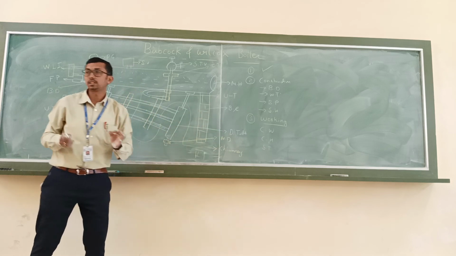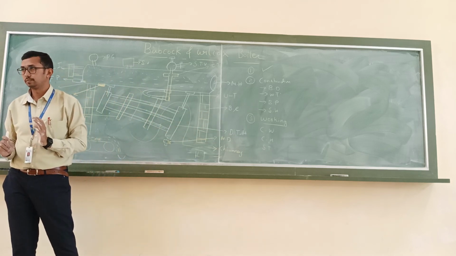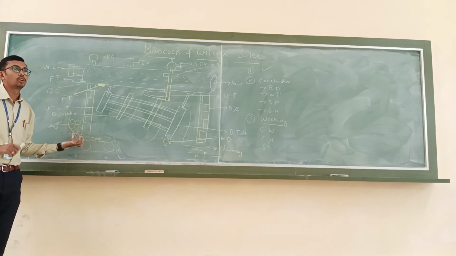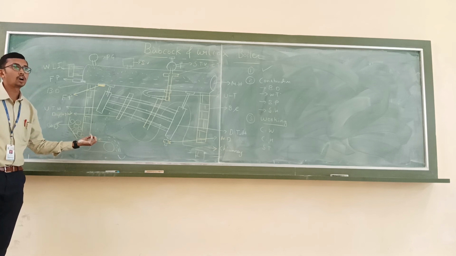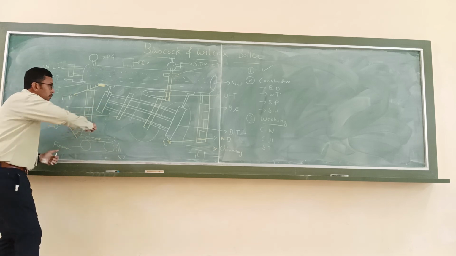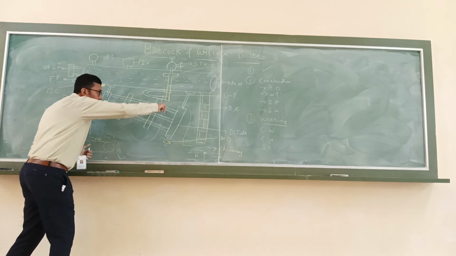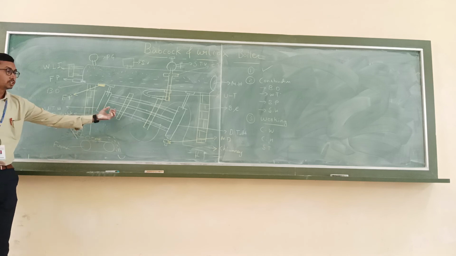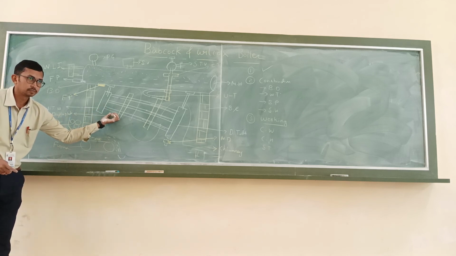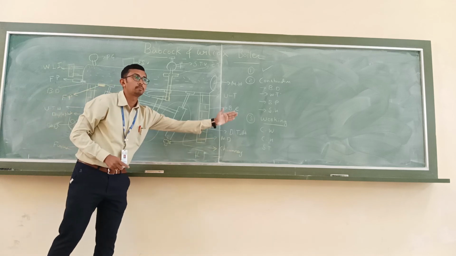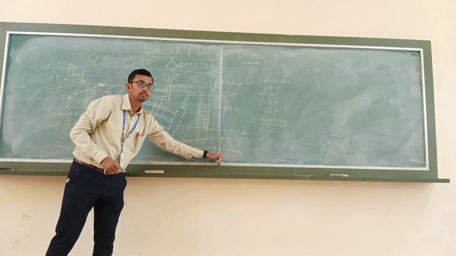Now the next point is circulation of hot gases. So due to the combustion of coal or fossil fuel, the hot gases are generated. These hot gases will be circulated around the water tubes with the help of which one? Babcock Wilcox. And finally, it will pass into the atmosphere through the chimney.